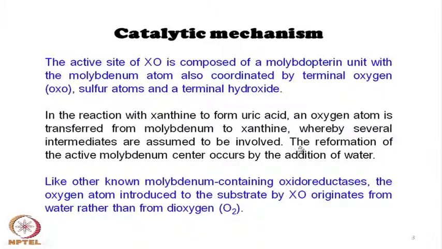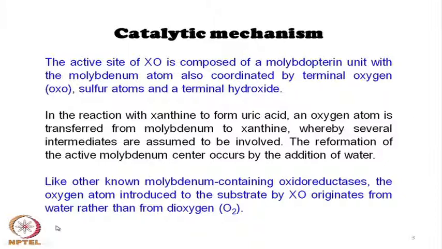So, the reformation of the catalytically active molybdenum center occurs through the addition of water molecules surrounding the enzyme system. If one vacancy is created at the molybdenum site, because molybdenum, if it is stabilized in the pentacoordinated form, cannot remain in a tetracoordinated form, immediately the water will go and bind that vacant site and make that molybdenum center pentacoordinated again.